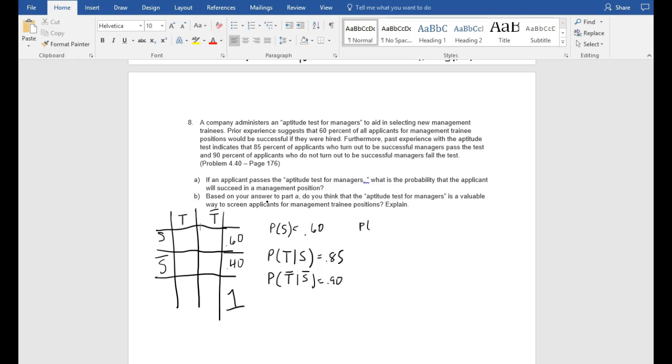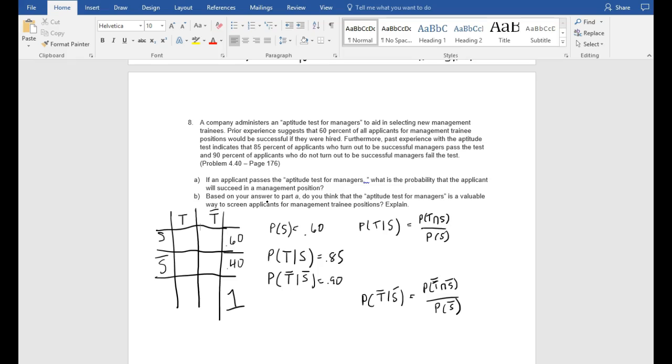So I'll first write down our conditional probability. From the formula, it is the probability of T and S all over the probability of S. And then we can write down the other one as well: not T and not S over the probability of not S.